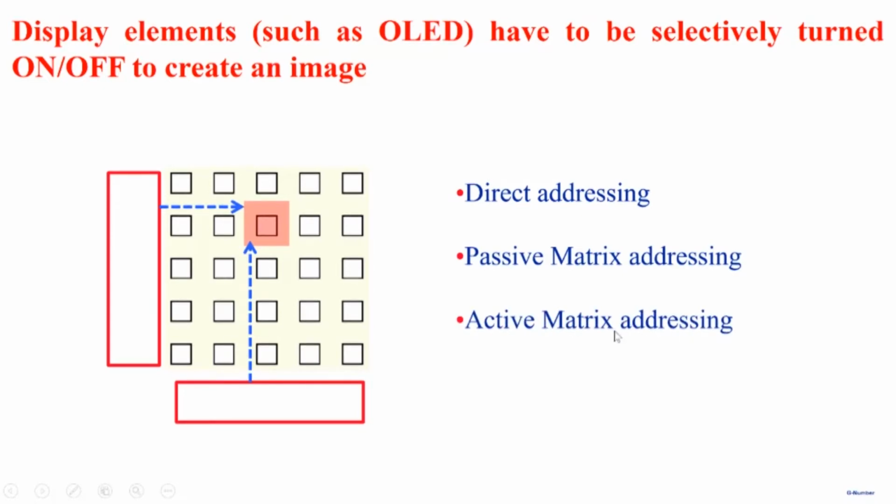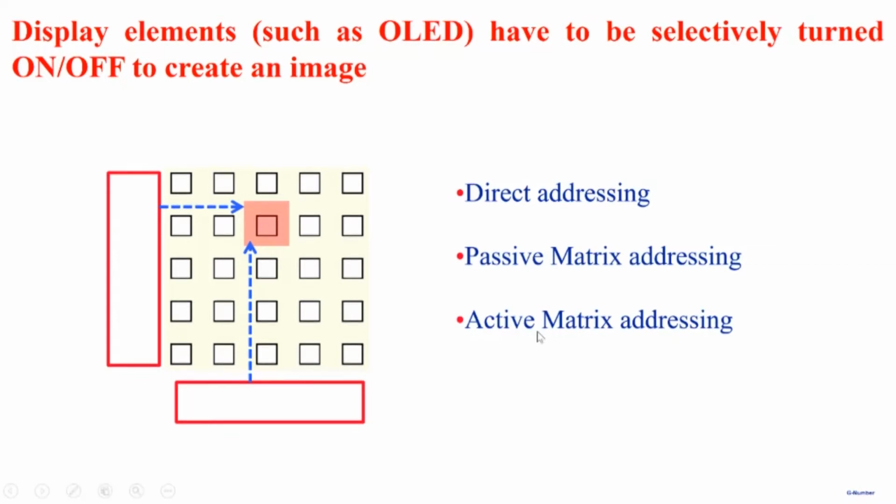So when you have an active matrix array of OLEDs, we get a display called an active matrix OLED display, or AMOLED display, that you would have heard of. Many of the modern mobile phones come with an AMOLED screen, right? So those are active matrix OLED displays.